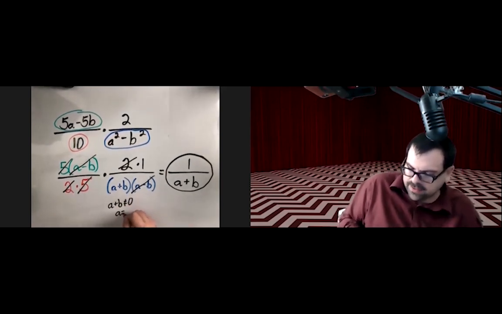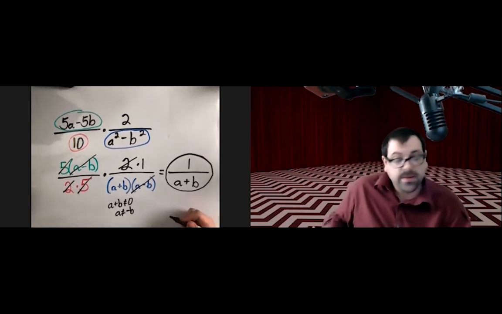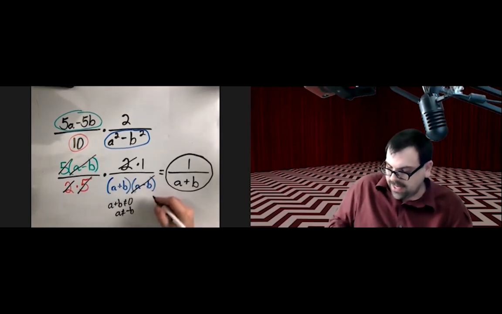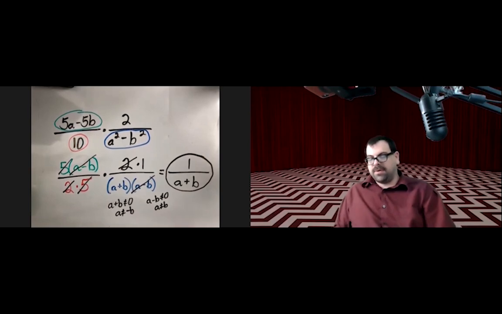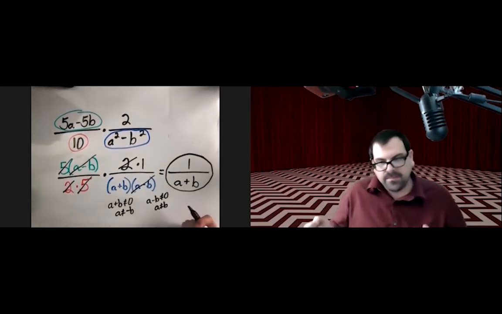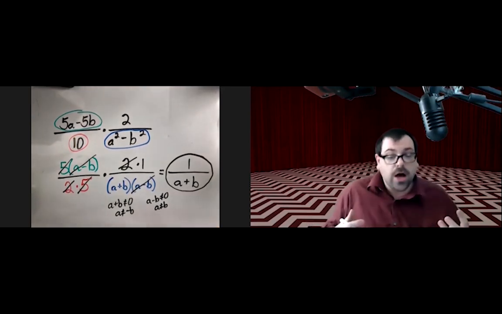That means A can't be the opposite of B. And A minus B can't be 0. That means A can't be B. So the numbers can't be the same, and the numbers can't be opposites.